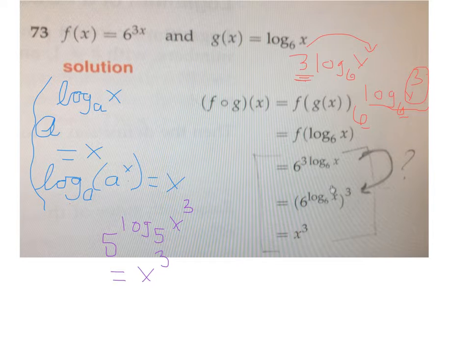I don't know if you're doing lns yet, but it works the same way with the lns. If you have base e to the ln of x, that just turns out to be x because the base for ln is e. I'm not sure if you're there yet. I don't want to confuse you, but if you are, maybe that will help you when you see those as well.